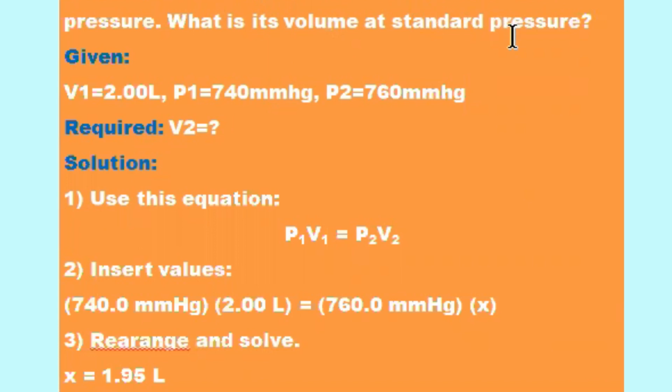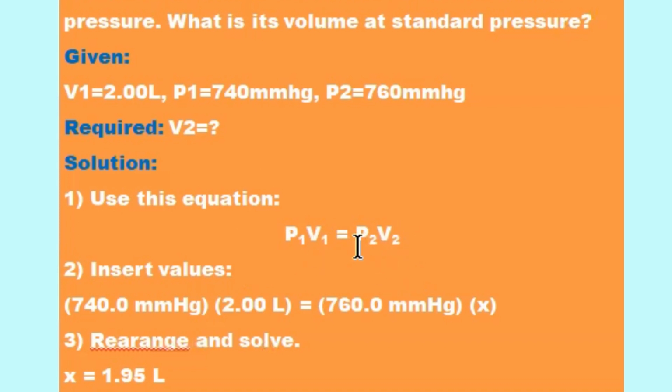Standard pressure means 1 atmospheric pressure. 1 atmospheric pressure equals 760 millimeter of mercury. Solution, by using this equation, we apply what? The Boyle's law equation, which says P1 V1 equals P2 V2. Insert the values, replace the values for P1, V1, and P2 and calculate V2.